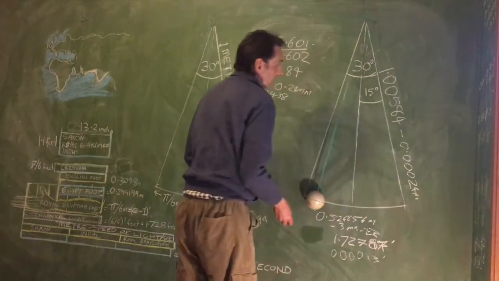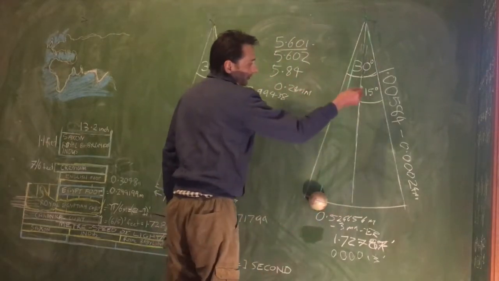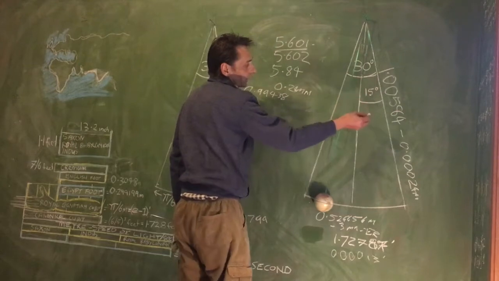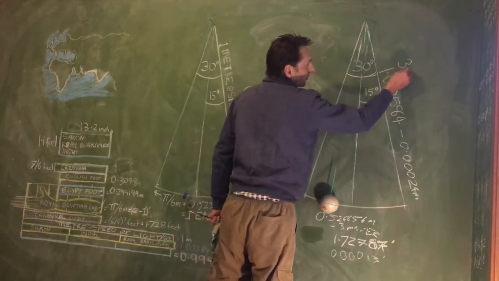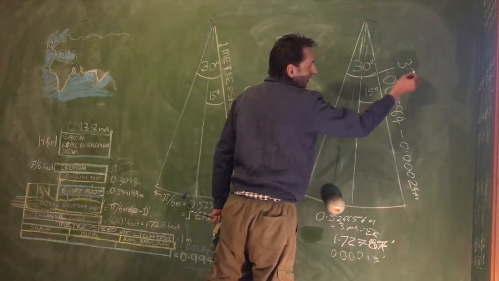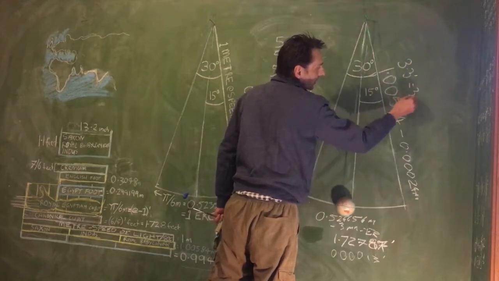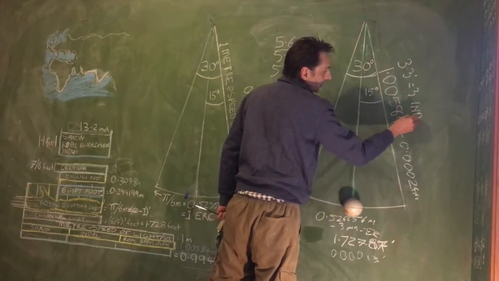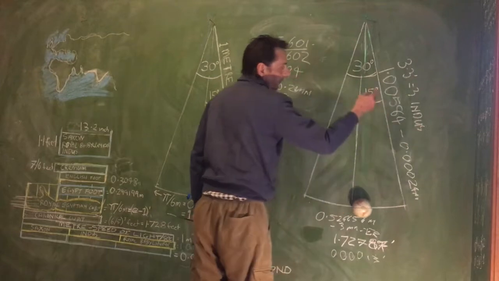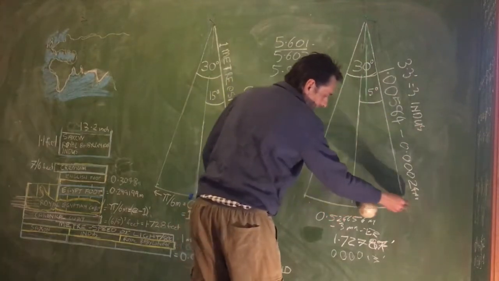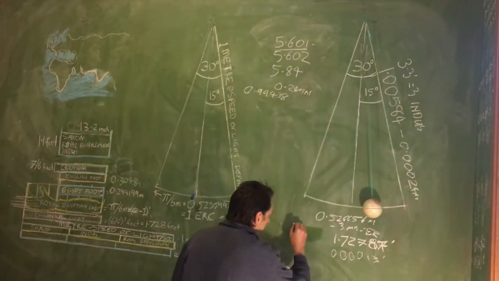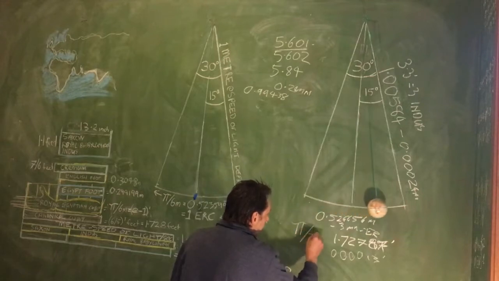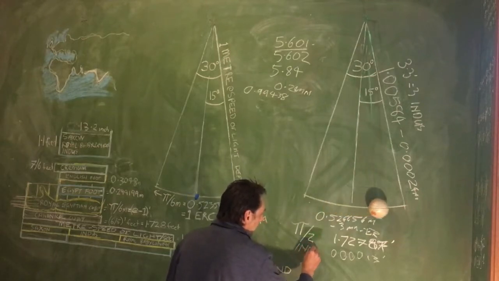This also is important because this 1.0584 is exactly 3.3 feet, which is equal to 3 Indus feet. Therefore, by definition, this section of arc is going to be exactly pi over 2 Indus feet.